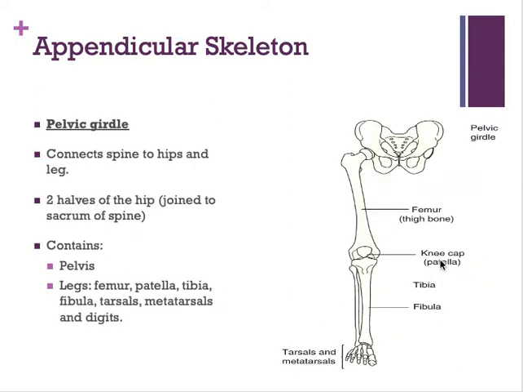On then to your pelvic girdle, and the pelvis is down around the hips. So your pelvic girdle connects the spine to the hips and legs. You have 2 halves here of your hip. They are attached to the sacrum of the spine in the middle. And then your leg is made up of your femur, which is the longest and heaviest bone in the body, also called your thigh bone.